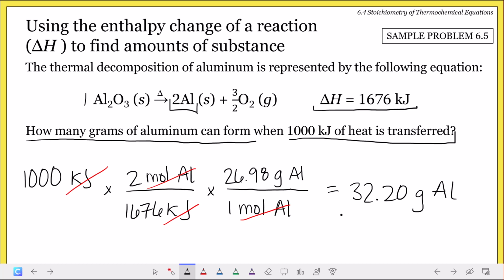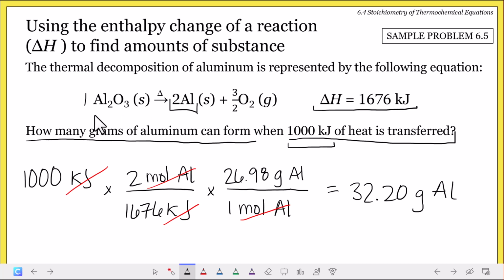Okay, we applied this amount of heat, we had this amount of heat absorbed by our system. Okay, 1,000 kilojoules of heat entered this chemical system here. This initiated the decomposition of this aluminum oxide, and it yields these elemental products here.